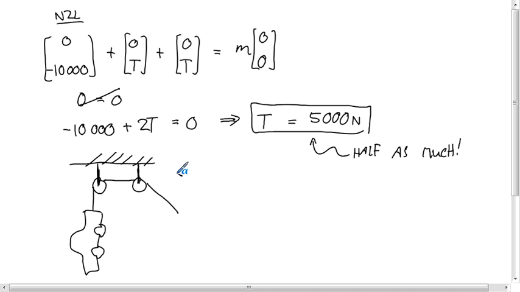Is there a way to reduce it more with more pulleys? Yes, there is. Yep, that's exactly right. So this doesn't do it. You need a specific configuration. It's not just the fact that there's two pulleys, it's the way they're set up.